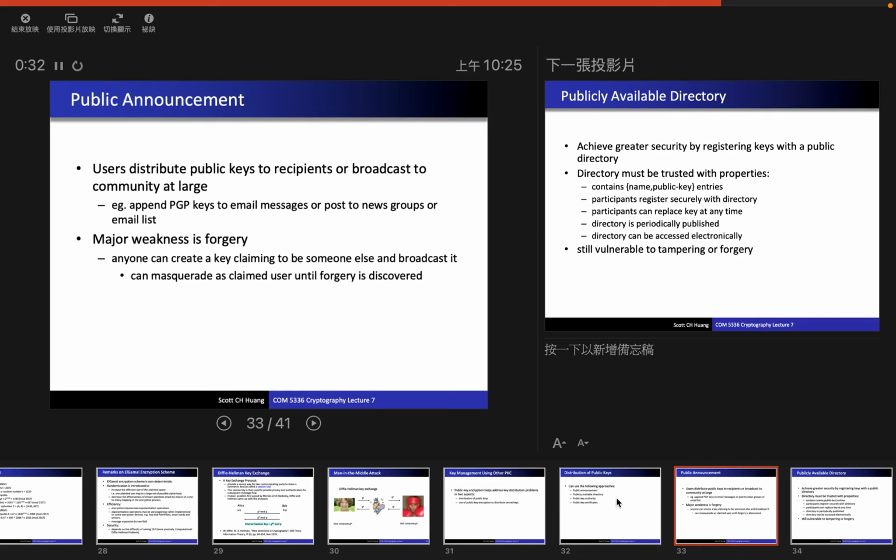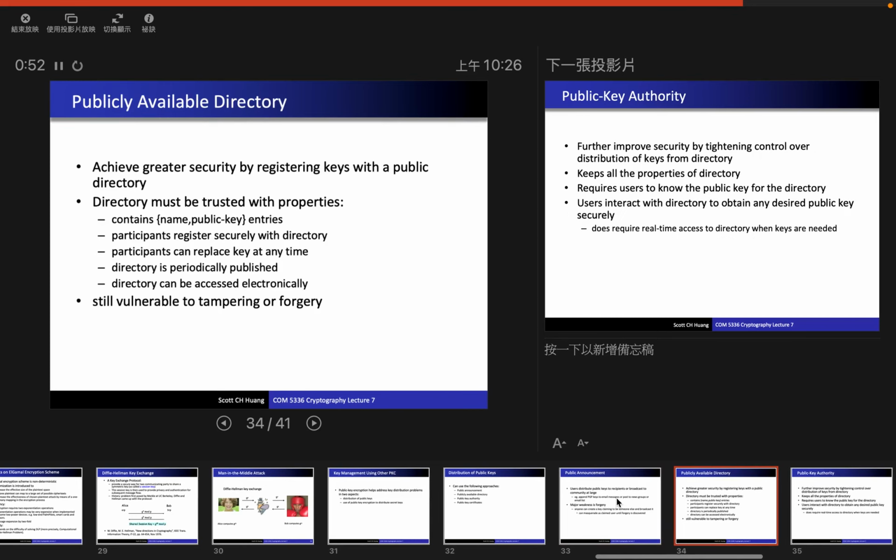The public announcement is weak against forgery. So with this type, there is no security at all. PGP uses this, so it's just for fun. You really can't trust such a system.